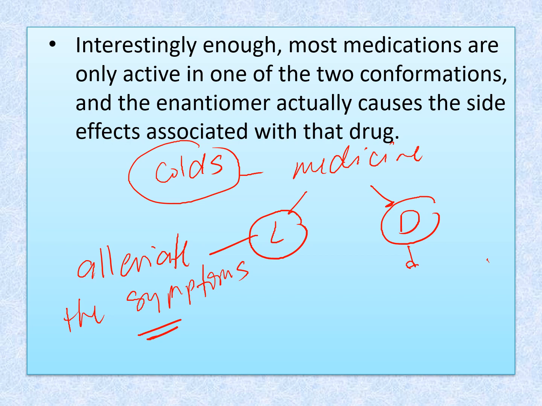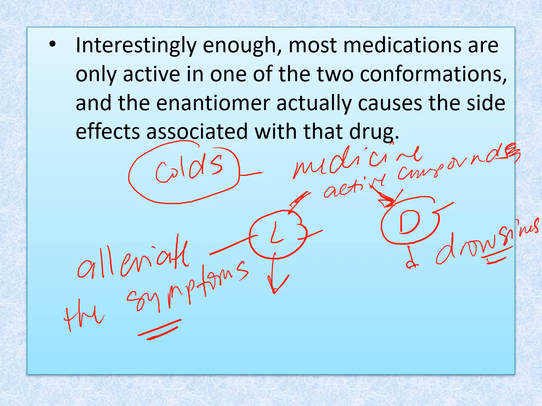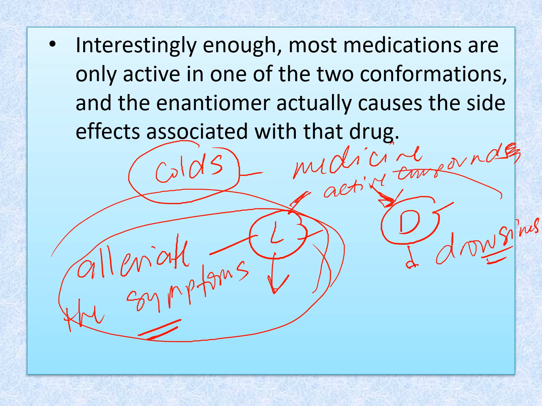Let's say the side effect is drowsiness, right? So in this specific example, you can have one medicine that may have an active compound in its two configurations or two forms, the L and D. One of the forms or enantiomers could be the one that provides the desired pharmacological effect, and the other enantiomer can provide the side effect of that specific drug.